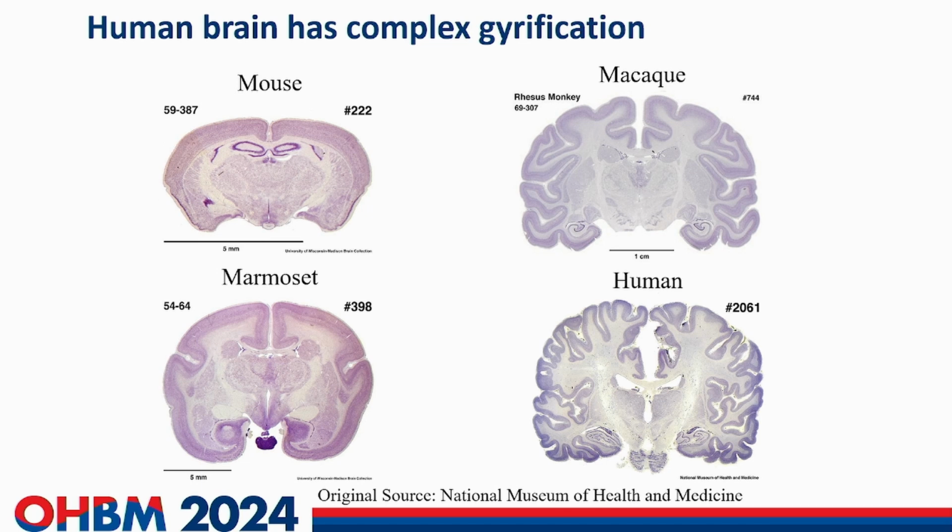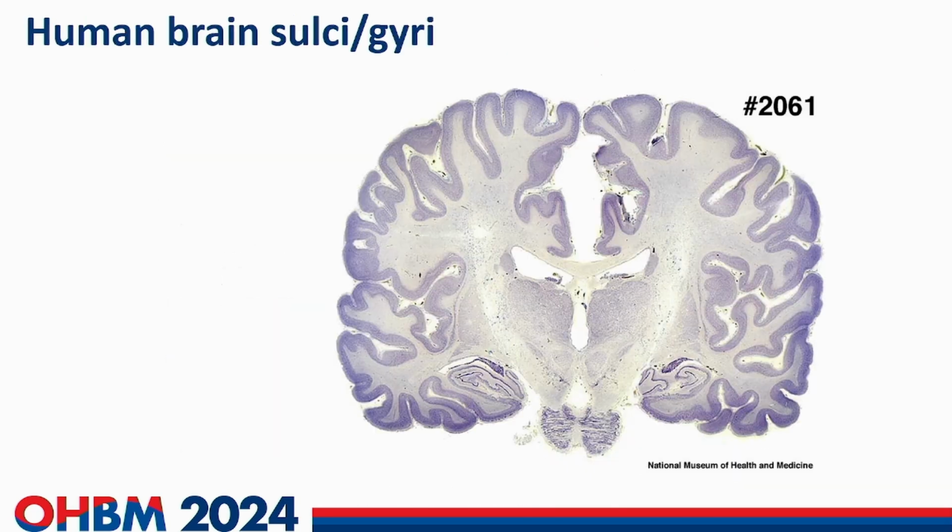The marmoset has a smaller number of sulcal folds. The macaque has a considerable number of dips in the sulci. The human brain has a very complex gyrification pattern in the surface of the cerebral cortex. So that is notably a major part of human brain neuroanatomy.